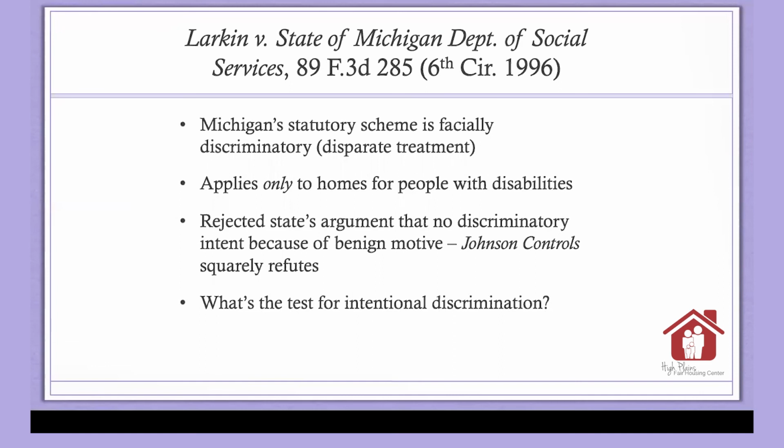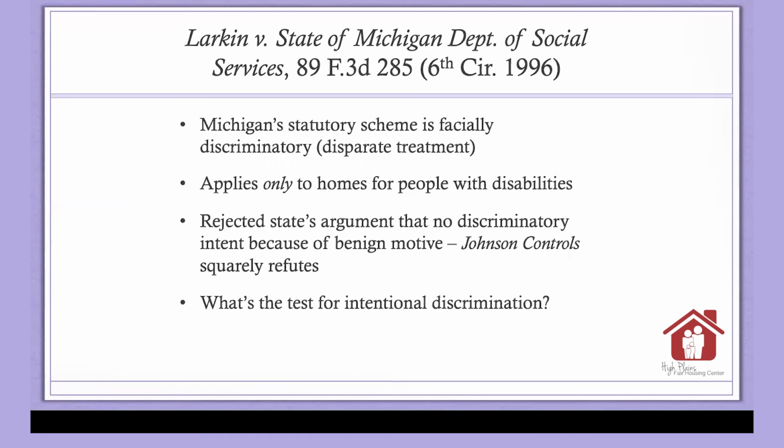It applies only to homes for people with disabilities, and the Sixth Circuit rejected the state of Michigan's argument that there's no discriminatory intent because there's a benign motive. And this is where the precedent in the employment law area of Johnson Controls squarely refutes that.